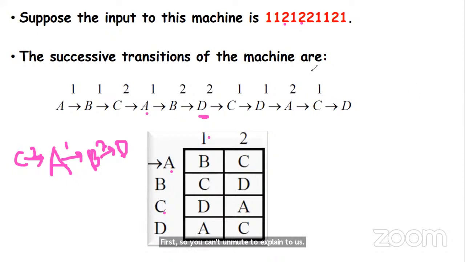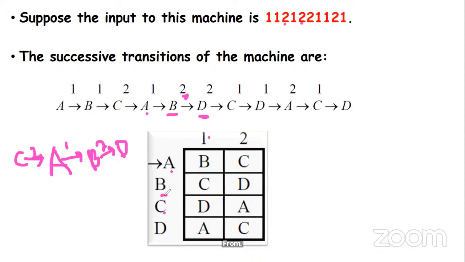So from D, it's taking an input of 2 to C. Then from C, it's taking an input of 1 to D. No, you should explain to us how that is done. From D, it's taking from the state table.